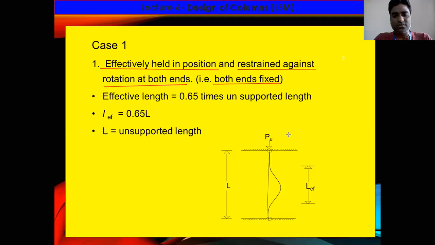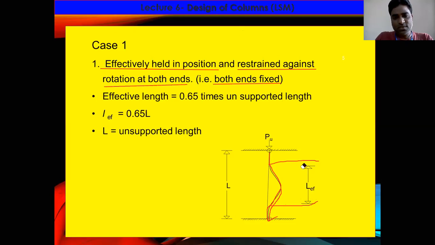Just see here how the column has been buckled, same as I have drawn it. Up to here it is exactly straight, then it will reflect like this. So the effective length is from here to approximately here.